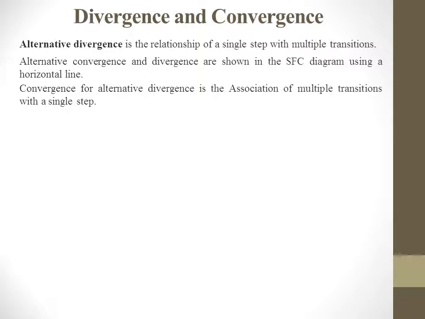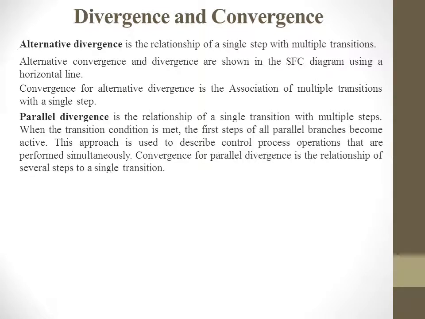Convergence for alternative divergence is the association of multiple transitions with a single step. The next main element is parallel divergence. This is the relationship of a single transition with multiple steps. When the transition condition is met, the first steps of all parallel branches become active.